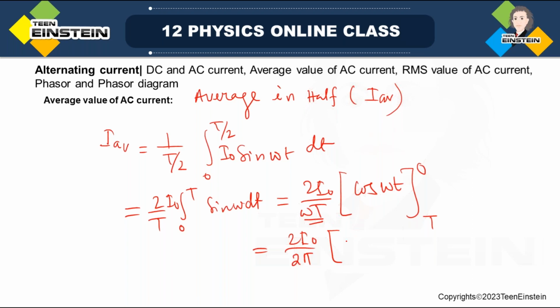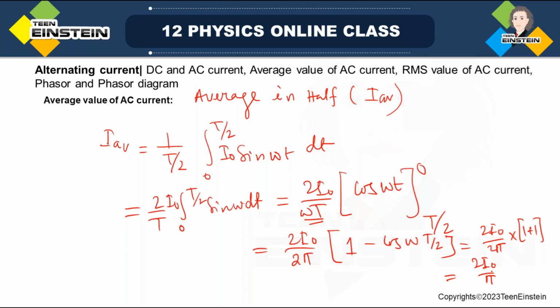And here, cos of 0 is 1, and for the other limit, omega times T by 2 gives pi, so it is cos pi. So 2I0 by 2 pi into 1 minus cos pi, which is 1 again. So you will get 2I0 by pi.